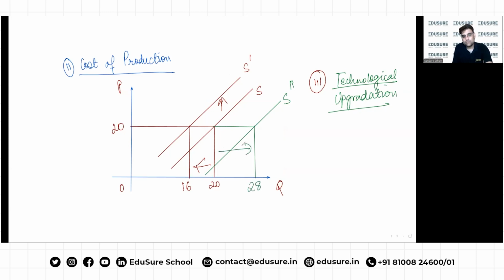The movement from S to S double dash because of technological upgradation, or a movement from 20 to 28.